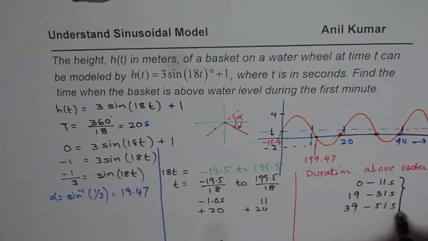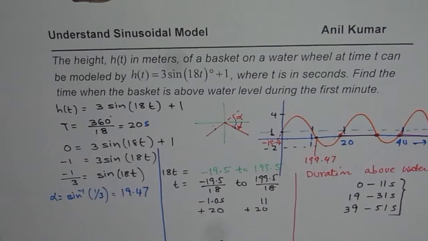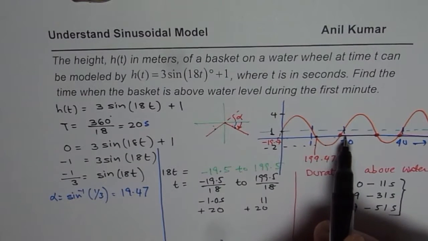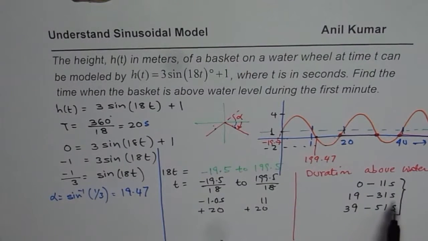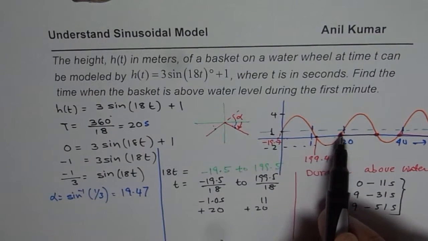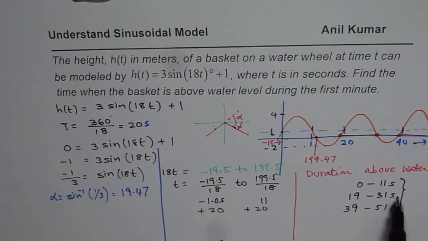So that becomes the duration in the first minute. So the duration above the water will be from 0 to 11 seconds, then from 19, 1 second before 20, it is above. So 19 to 31 seconds and 39 to 51 seconds.